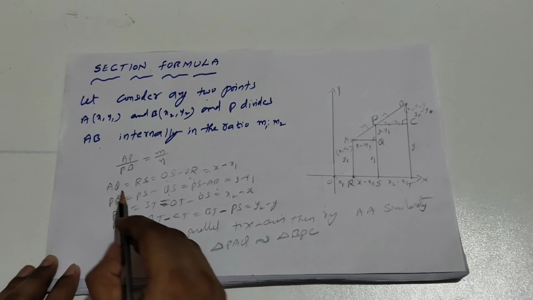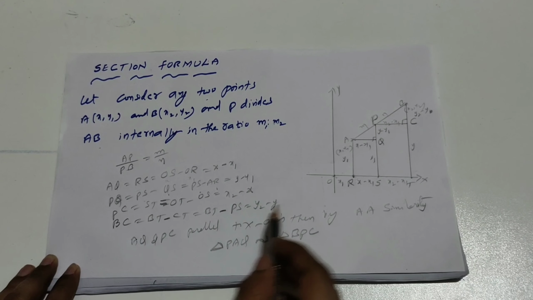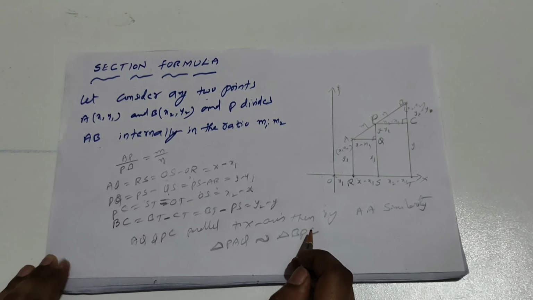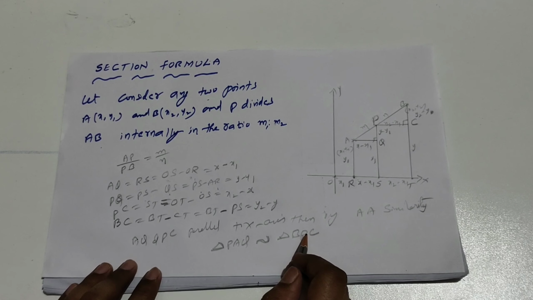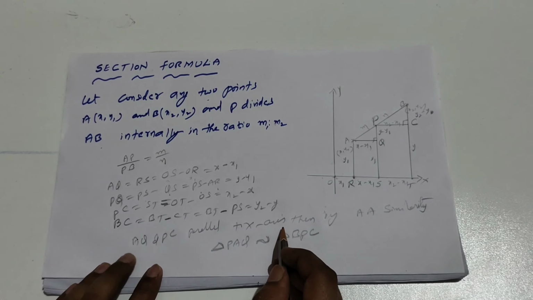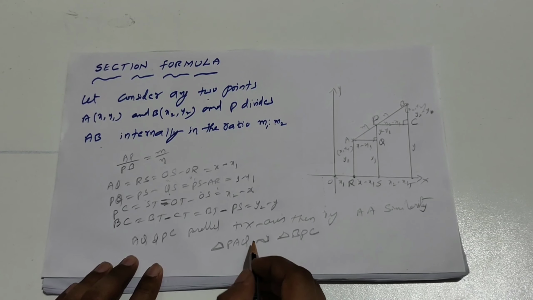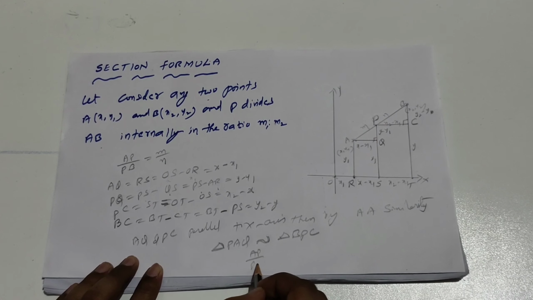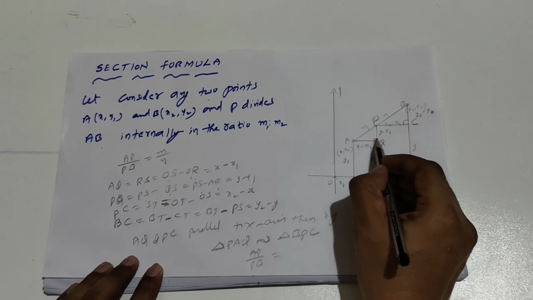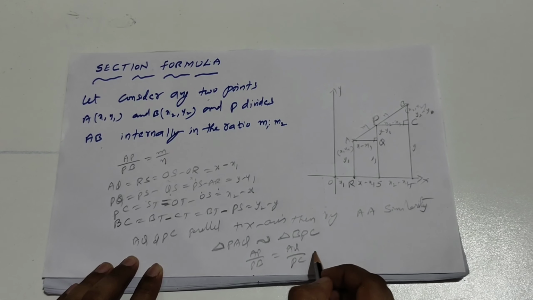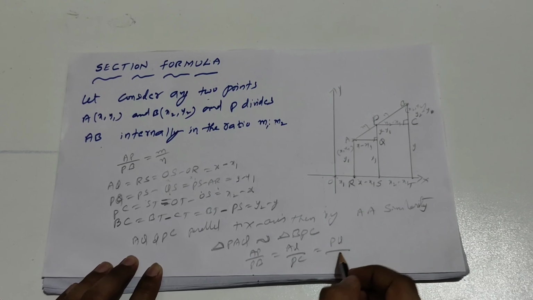So after finding these measurements, we have to compare the ratio of the corresponding sides. First of all write AP by PB is equal to AQ by PC is equal to PQ by BC.